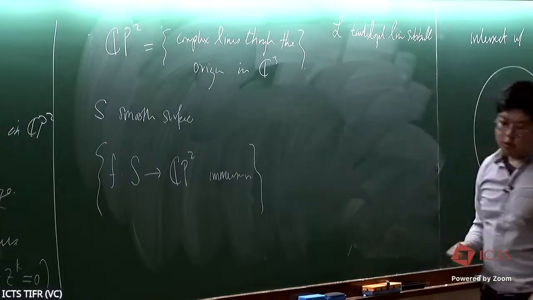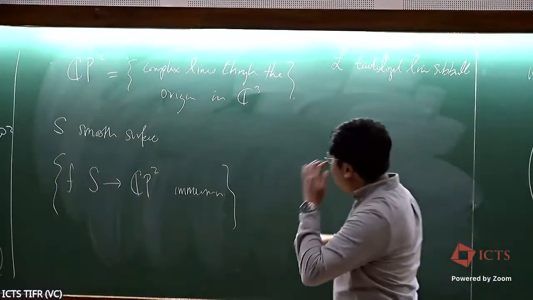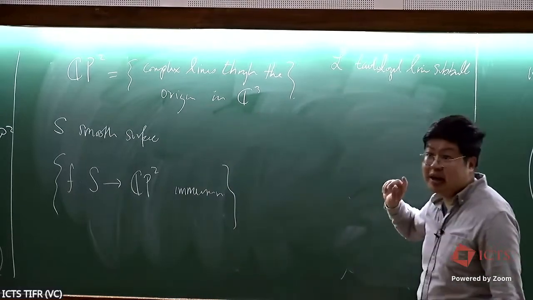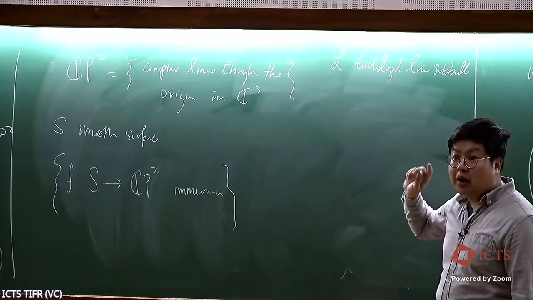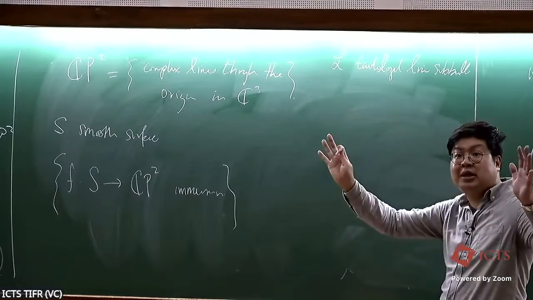You'll notice that with CP2, there's what's called the tautological line subbundle. Because again, what is CP2? It's the collection of these complex lines through the origin in C3. So if I take a point in CP2, this is precisely a specific complex line through the origin in C3. So sticking that line on CP2, I get a line bundle. Not only a line bundle, it's a line sub-bundle, because there's a fixed C3 once and for all.